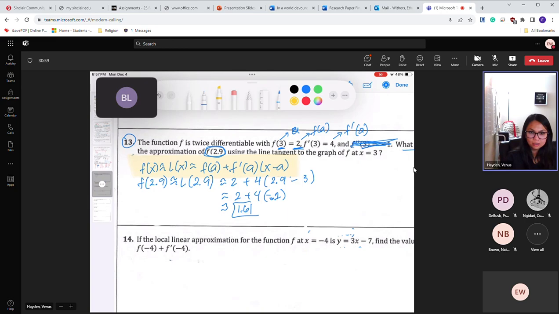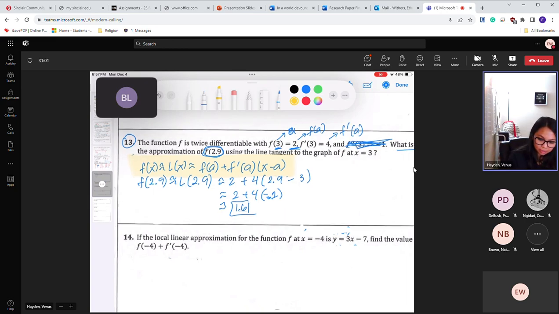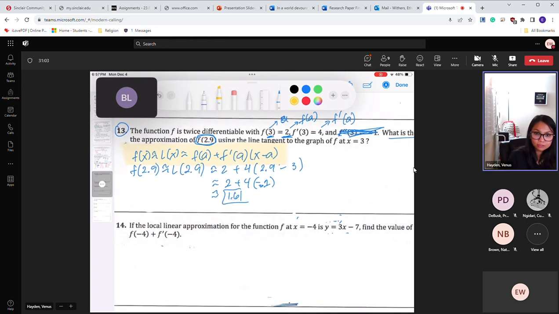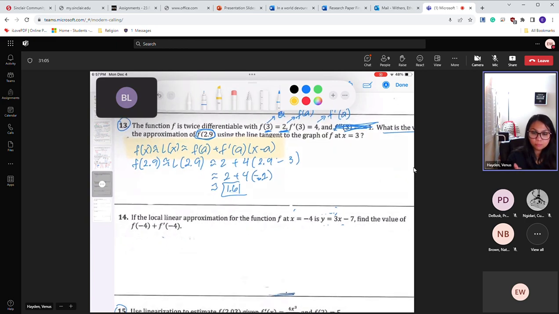Okay. Now, number 14, it's quite the same thing. The only difference is that instead of giving a point, what you have is an actual equation. So number 14, we have the value of x equal to negative 4. To figure out your y value, you plug it in. 3 times negative 4 minus the 7. That gives you a value of y.